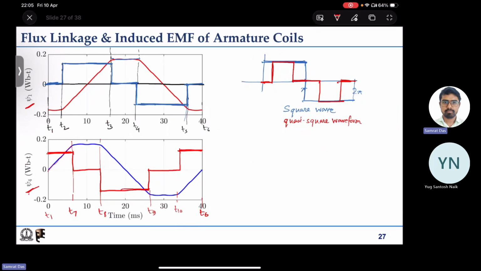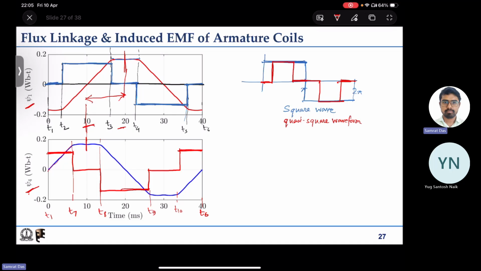That is why you can see that the peak of the second one and the peak of the first one, if you look at the shift between the two, that is exactly 90 degree from 10 to 20. So that means 1/4 of the total period, so the angle displacement is 90 degree. And because the flux linkage waveforms are shifted by 90 degrees, the induced EMFs are also shifted by 90 degrees.